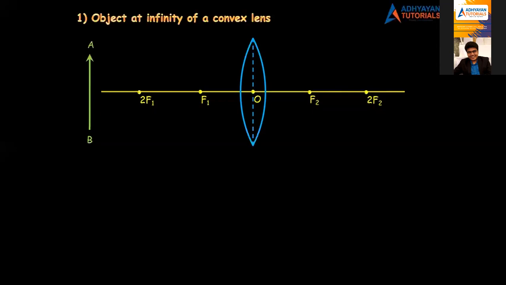Make an arrow on the object and name the object AB. Come on, children, last 10 seconds.